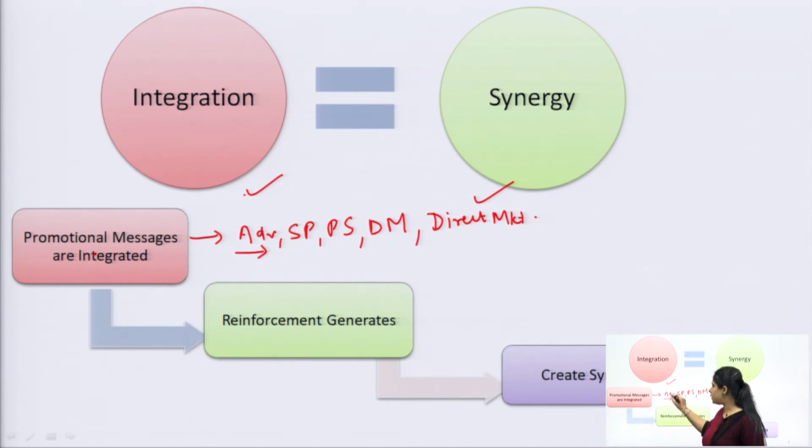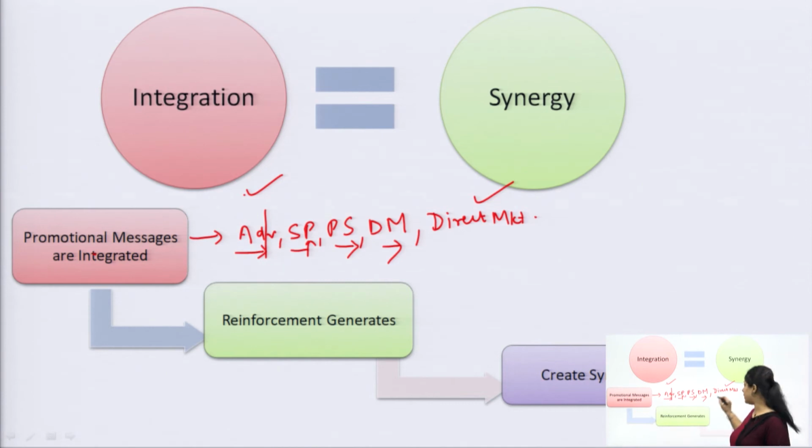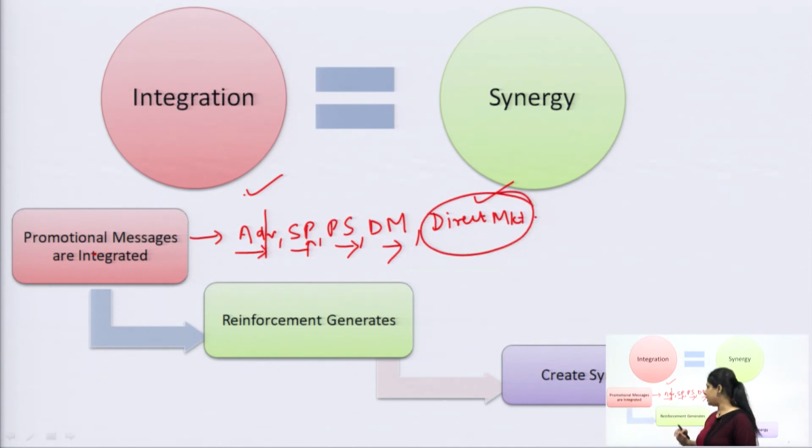Same message was given through advertisement, same things were spoken by the people who were doing sales promotion, same offers, personal selling, same digital marketing and the direct marketing. So, these messages were integrated.